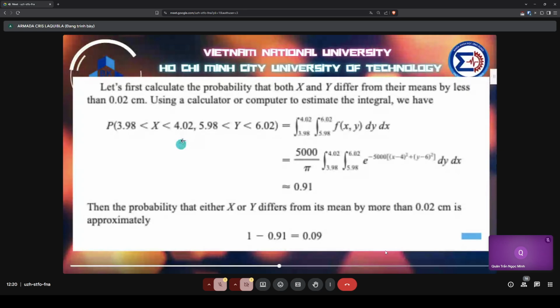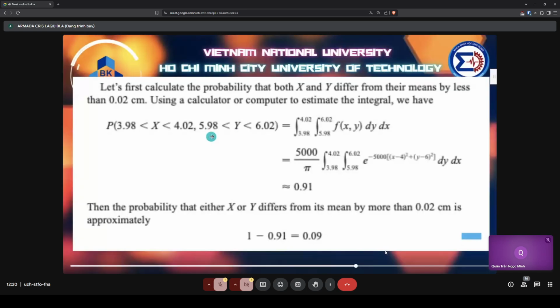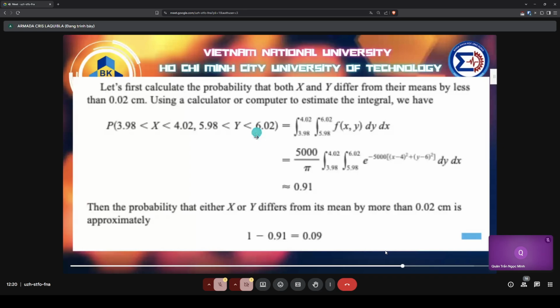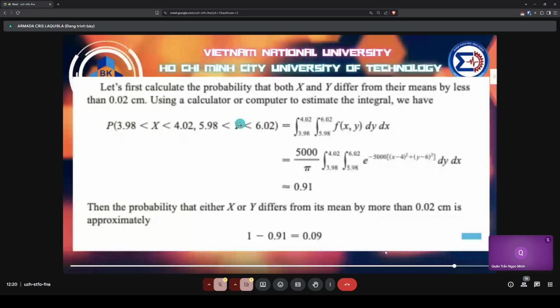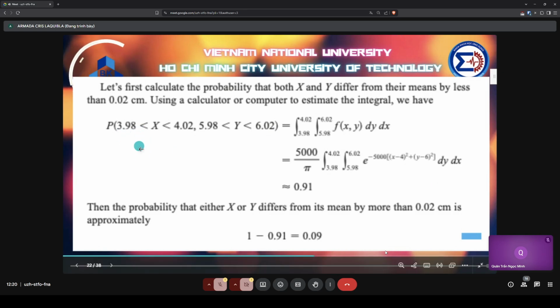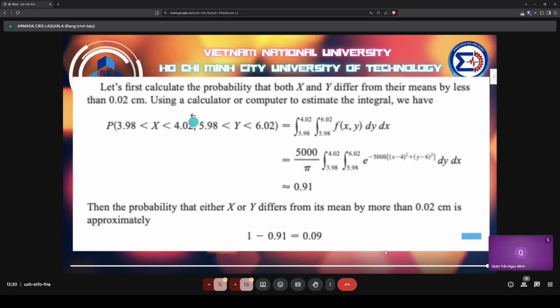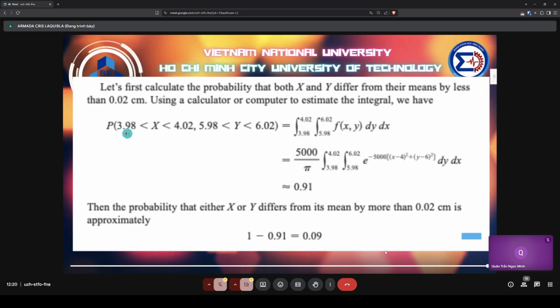Now for your y, started with 6, right? So make it 5.98 because we minus that with 0.02. And the 6 here is added now with 0.02. Again, the mean of the y there is 6, and the mean of your x there is equal to 4. So you have to do it like that in their numbers.